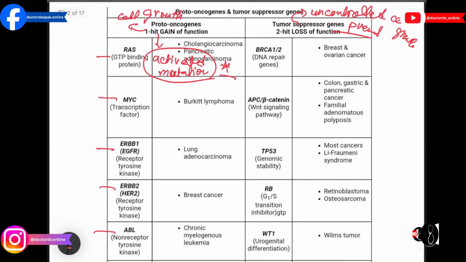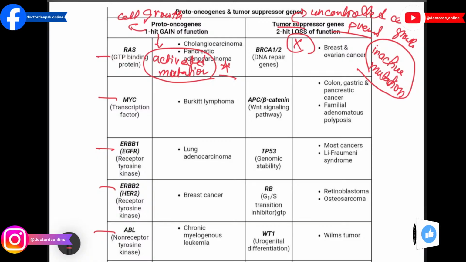And if they mention an inactivating mutation, these genes are not working, so uncontrolled cell growth is happening and causing cancer. With an activating mutation, there is overexpression of proto-oncogenes, which increases cellular growth and contributes to cancer.